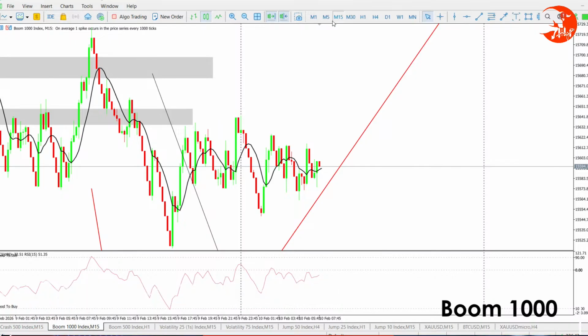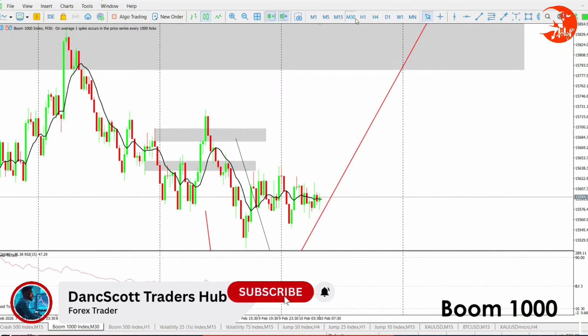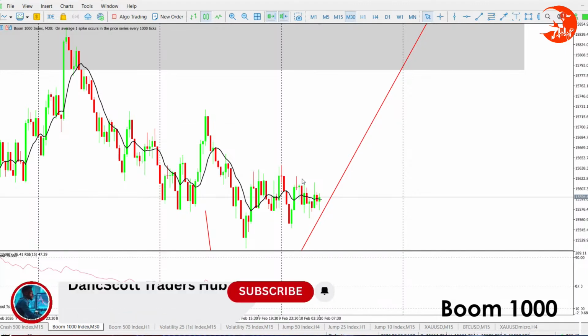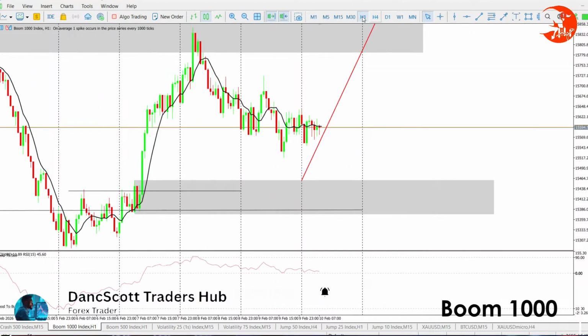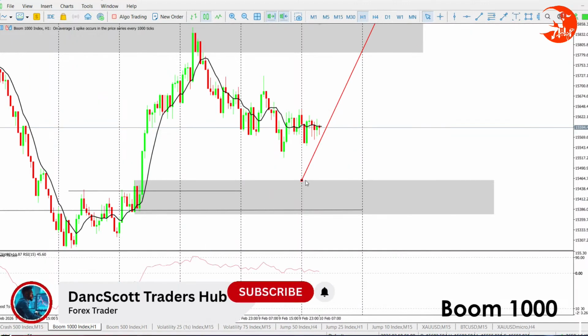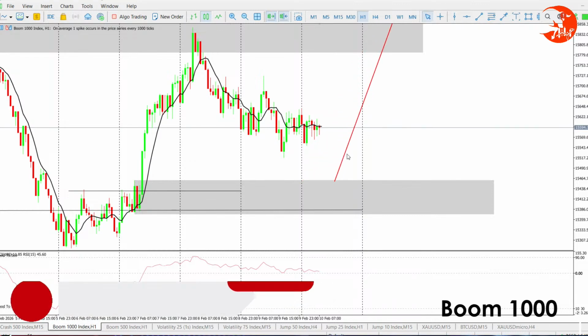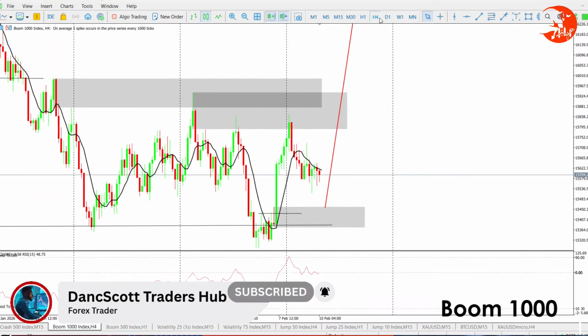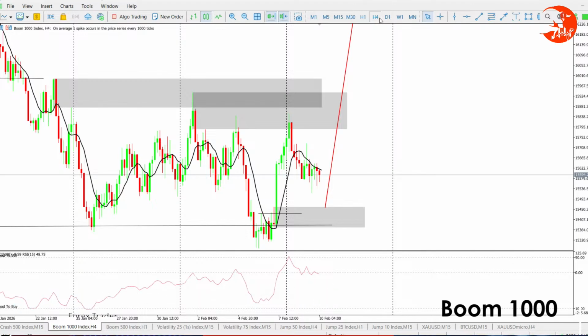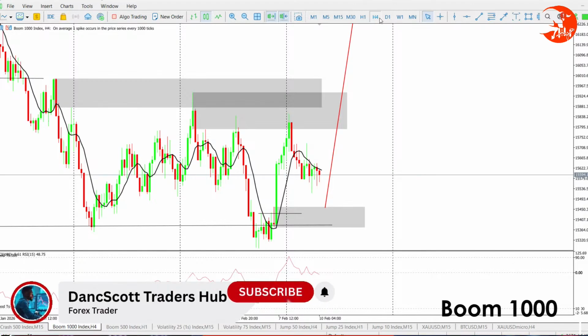Okay, now we are consolidating, and I want to first delete everything right here. Go back to H4. This order block move may still be valid. Not really.